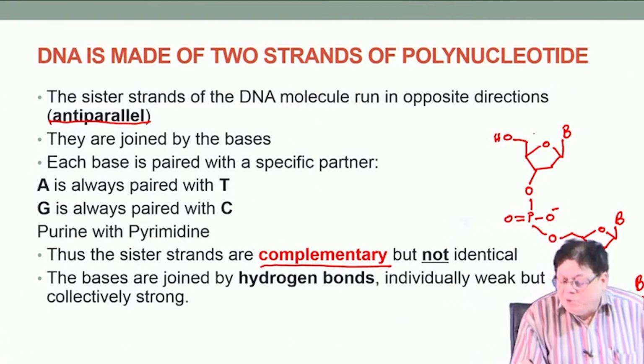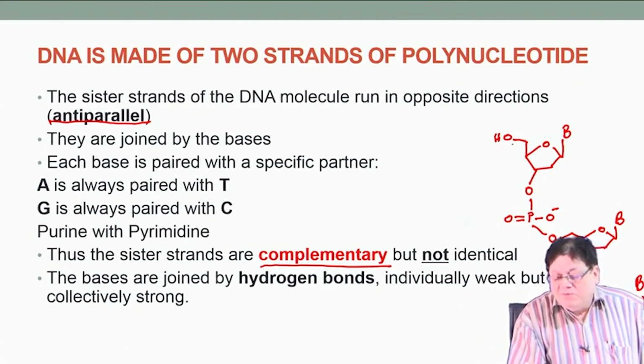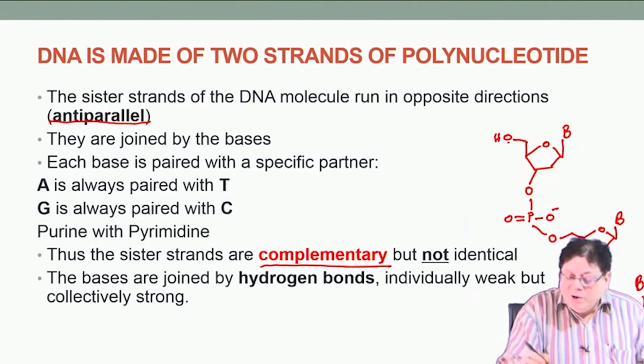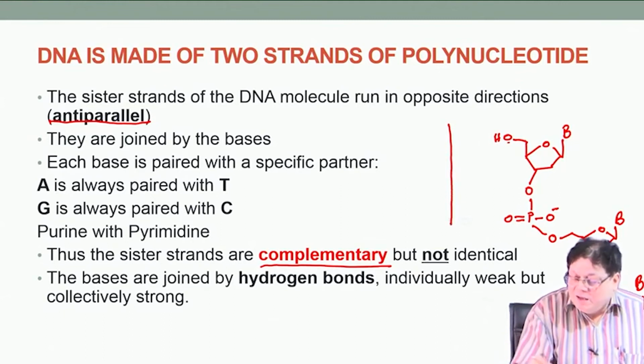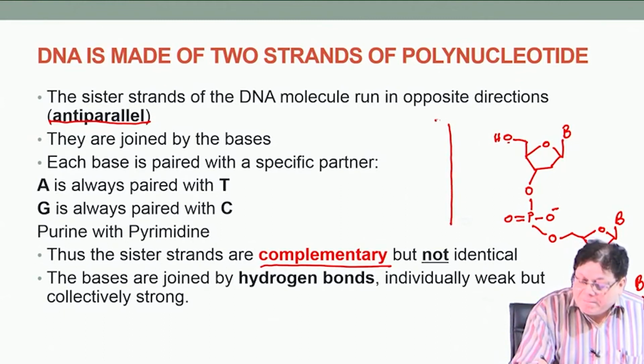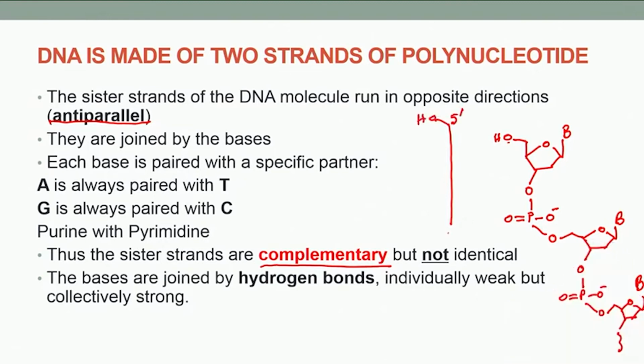So, at the top you have here the 5 prime which will be free, because when you have the DNA strand, on one side your 5 prime is free, and on the other side will be your 3 prime end, that will be free because the length has to terminate at some point of time. The DNA has a defined length. So, at one end you have a 5 prime end and the other end is called the 3 prime end.